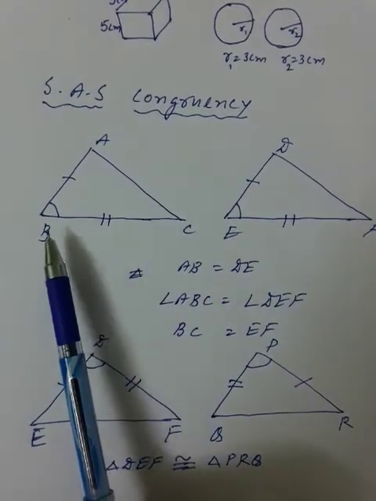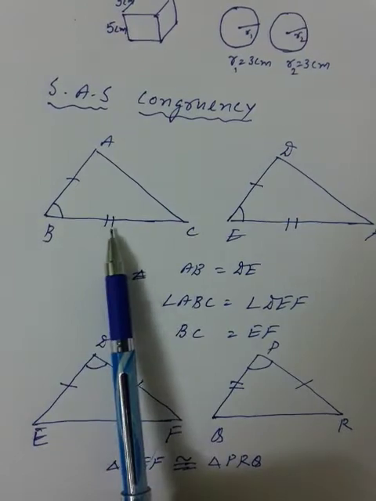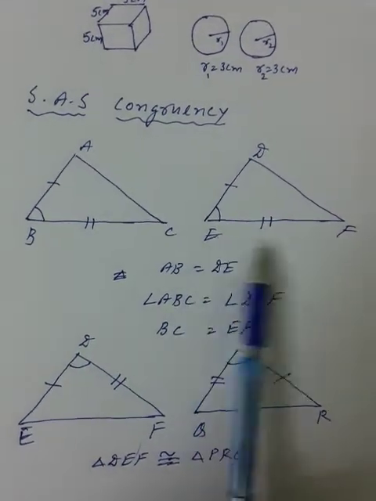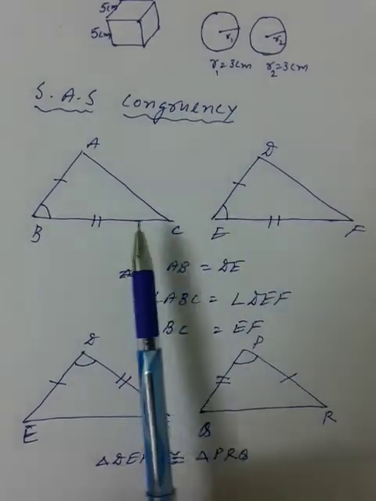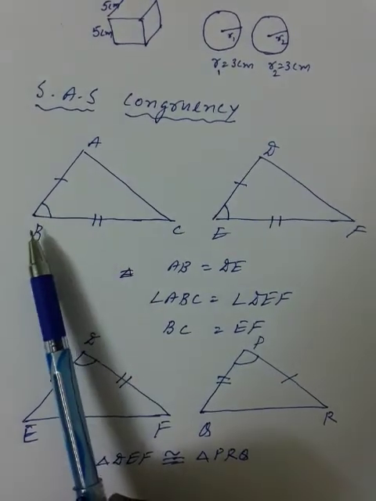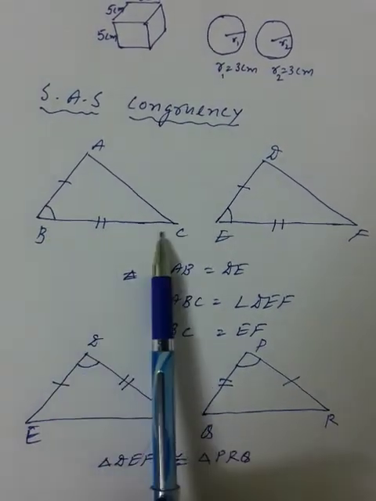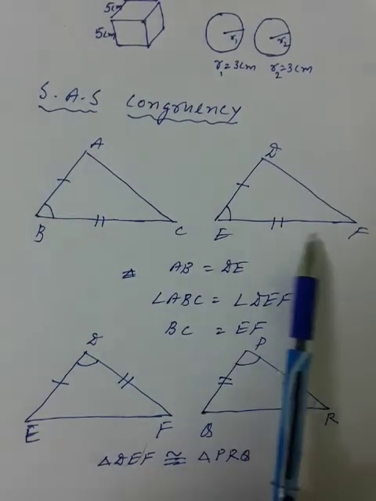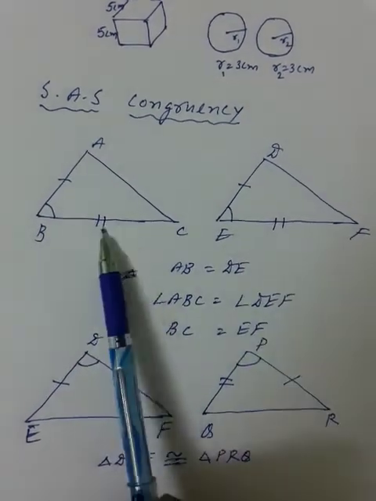Then BC, here two lines, and EF, here again two small lines, that indicates that BC and EF are the sides and these two sides are equal.